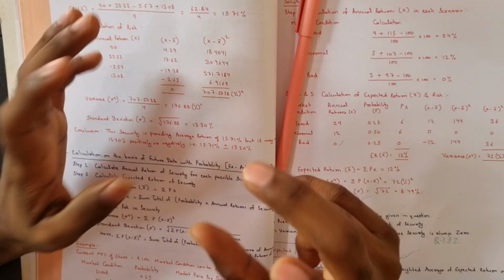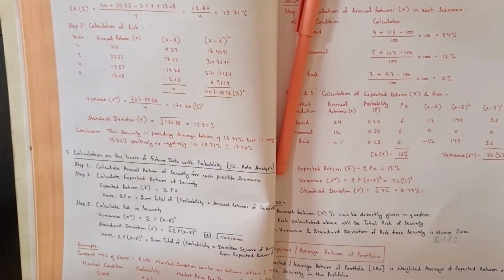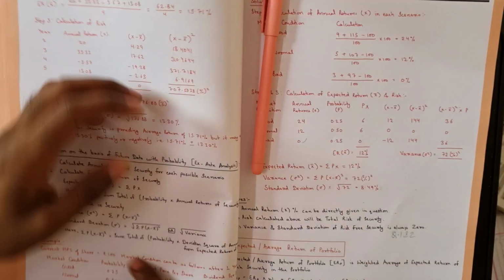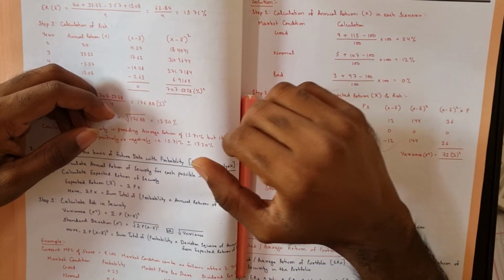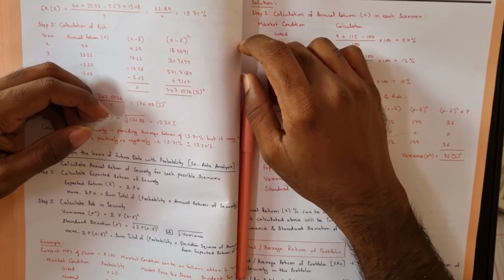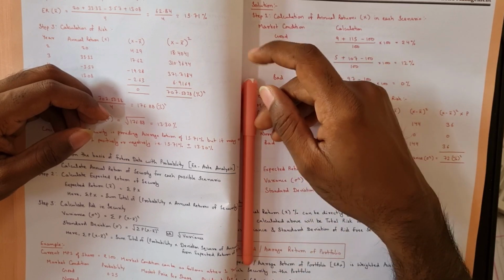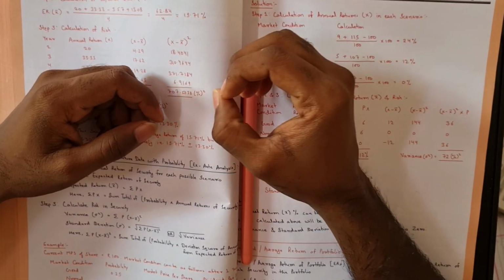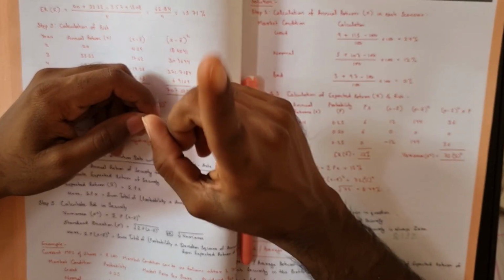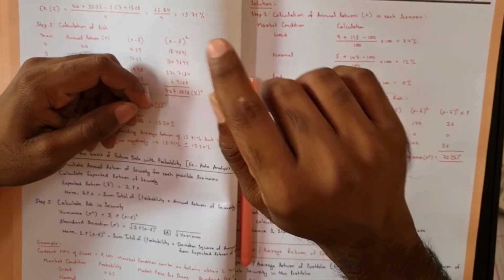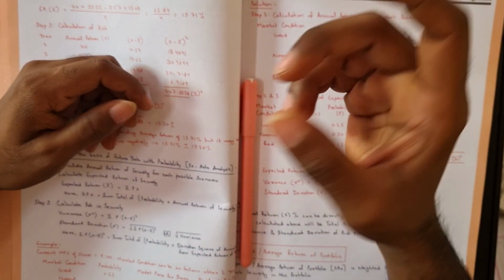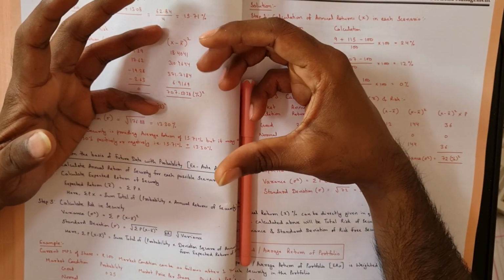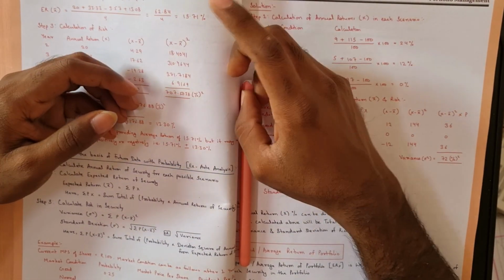Whenever there is probability, you will not divide it by the number of years. In probability we just calculate it with the probability. Probability total is 1, right? 0.75, 0.25 is equal to 1. Whatever it is, it is a weight only. So probability total is 1 only.